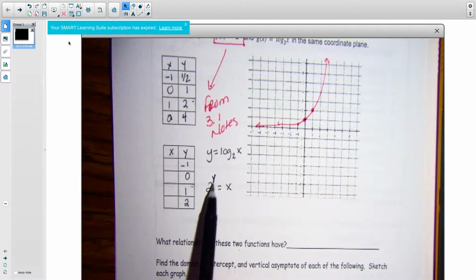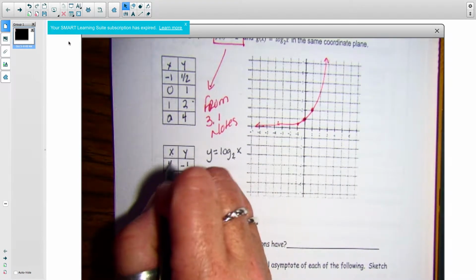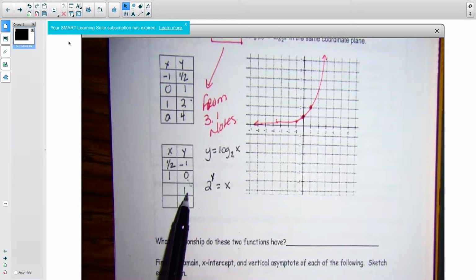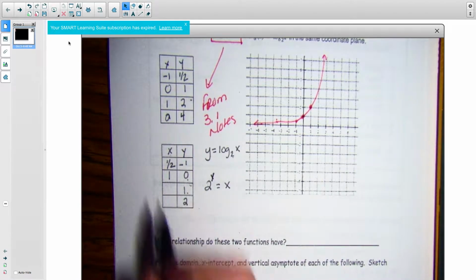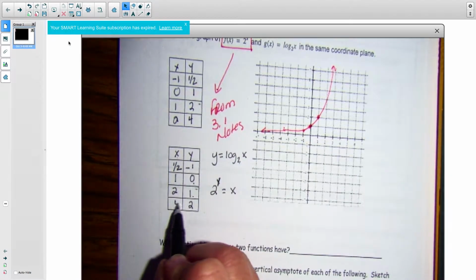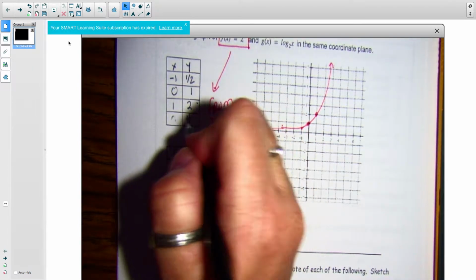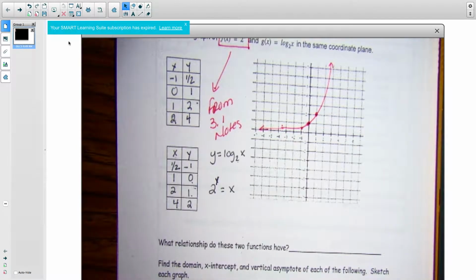When I let y be negative 1, what's x? 1/2. When I let y be 0, what's x? 1. When I let y be 1, what's x? 2, and 4. As you can see, yes, the points are just flipped.